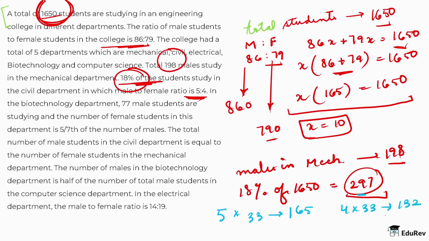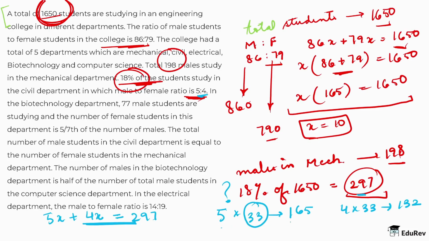Now I know most of you would be thinking, where did this 33 come from? It's very simple. We know the ratio is 5:4, so there are going to be 5x males and 4x females, and the total males plus females in the civil department is 297. By using this equation, you can easily find that the value of x is 33.